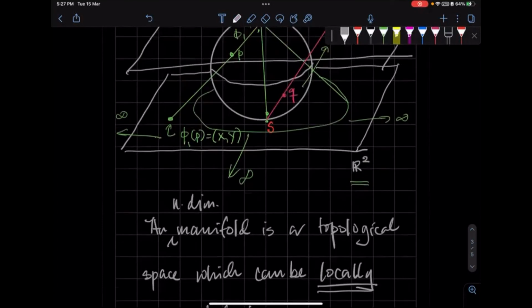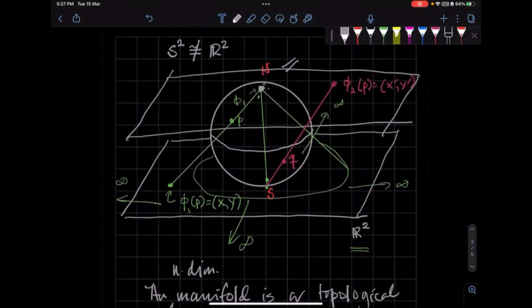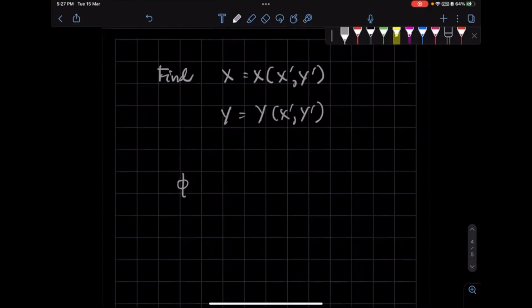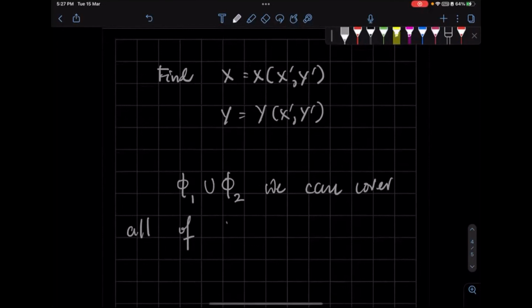Okay, so now in chart number 2, we see that we can cover all points except the South Pole, right? But with the union of these two charts, phi 1 and phi 2, we can cover all of S2.